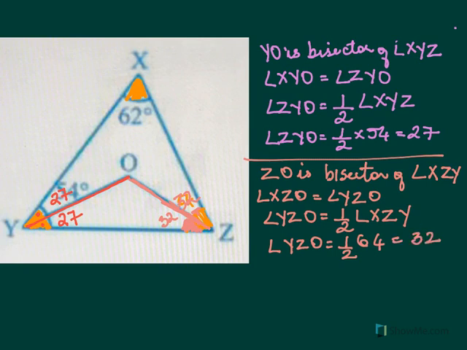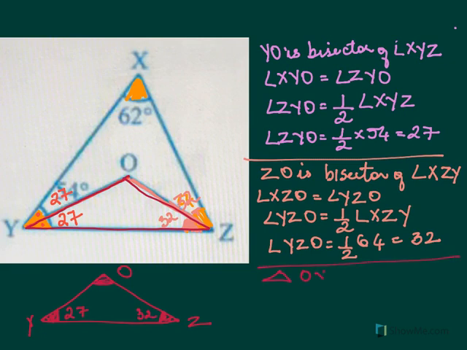Now in the last part, we will take this triangle here. Which triangle is that? I'll draw it up here, this triangle. And this triangle is OYZ. This angle is given as 27, and this angle is given as 32. We need to find this angle using the angle sum property.